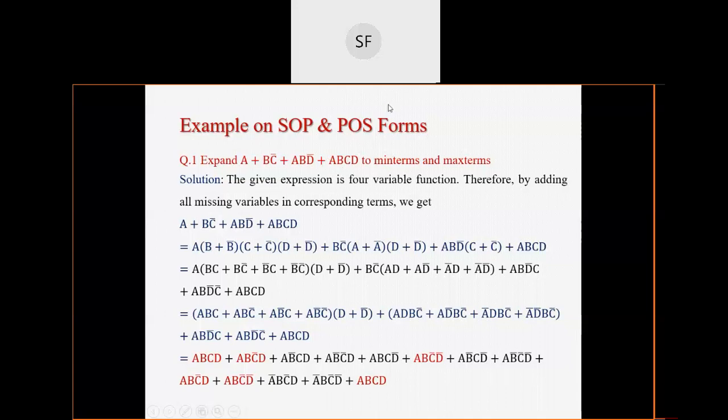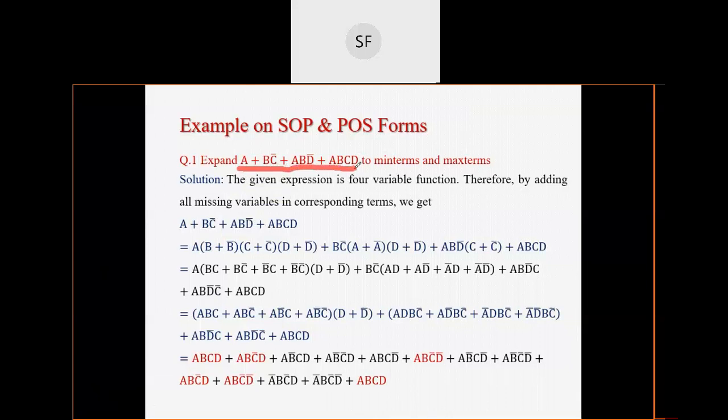So how will you decide whether to find the standard SOP form or the standard product of sum form, that is POS form? You have to first observe the given expression. If it is product of sum, then you have to go for the standard product of sum and find the max terms first.